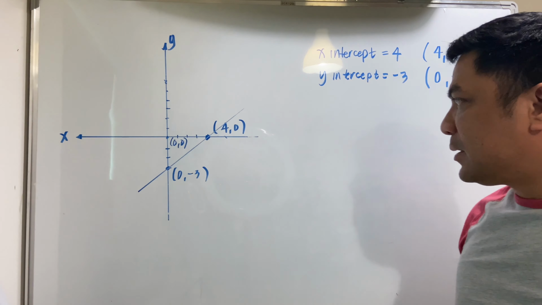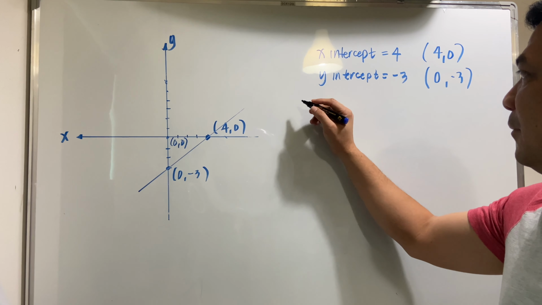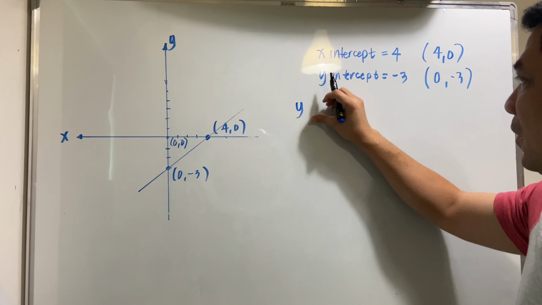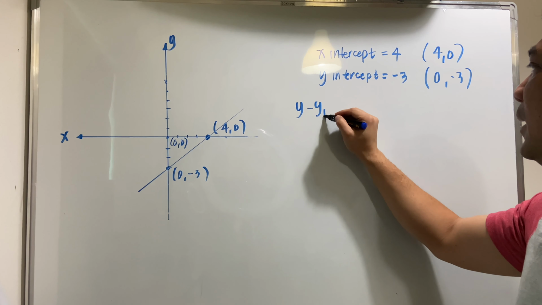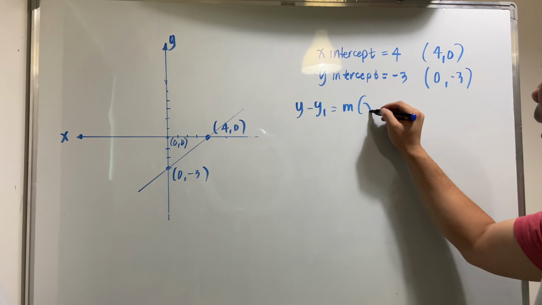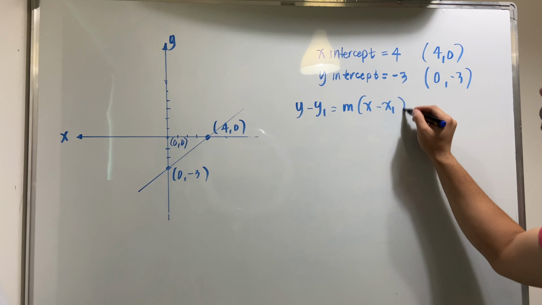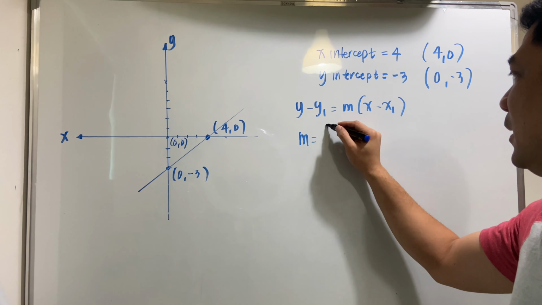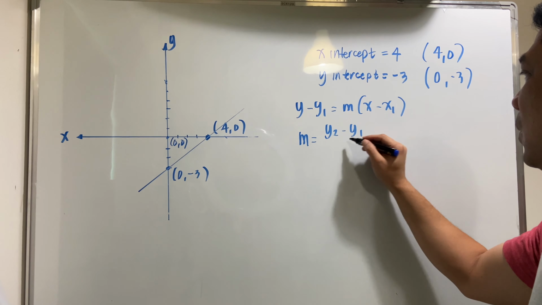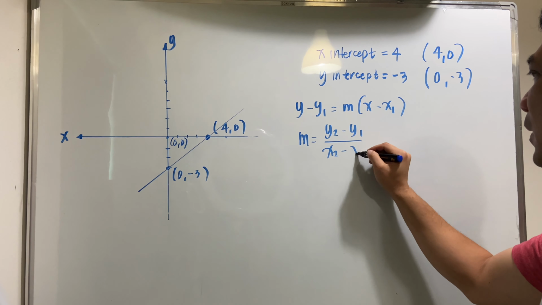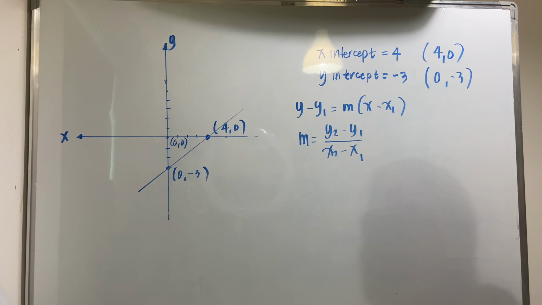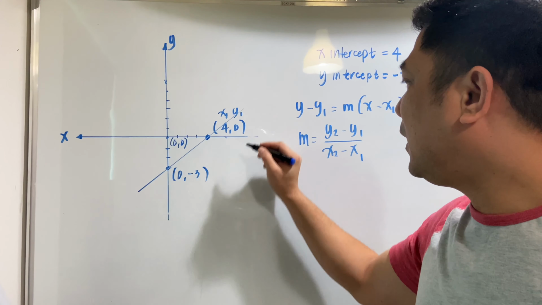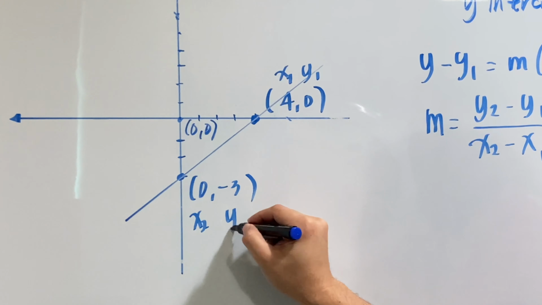So again, we can use our point slope form wherein you have y minus y1 is equal to m times x minus x1. So again, you can solve for your m, which is m is equal to y2 minus y1 over x2 minus x1. So let's try to term this one as x1, y1, and this is x2, y2.